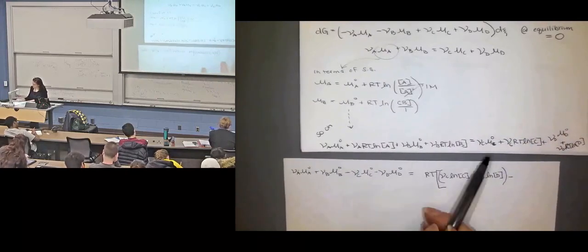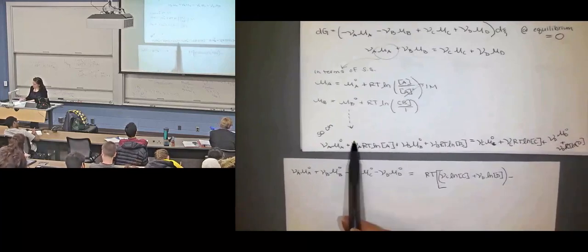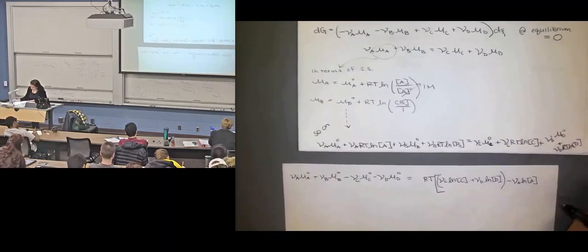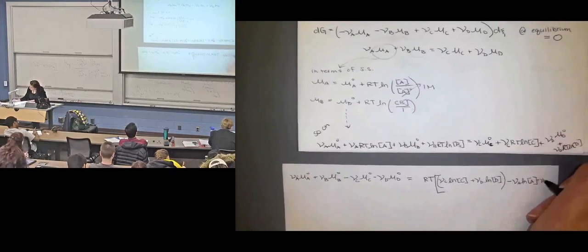I'm moving these terms to the right, so I'm subtracting my A term and my B term: A, the natural log of A, and this is plus B, the natural log of B.